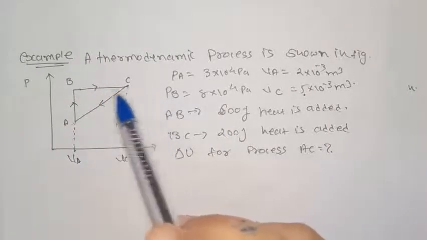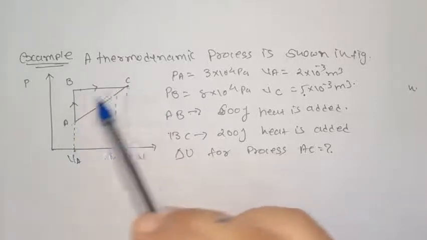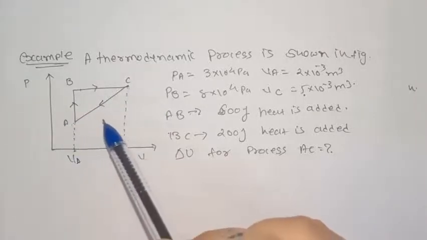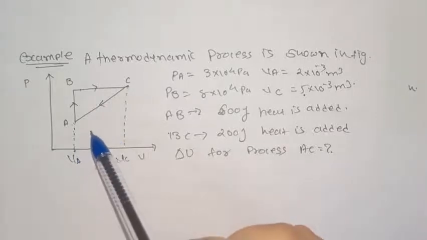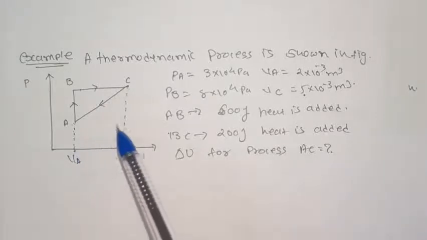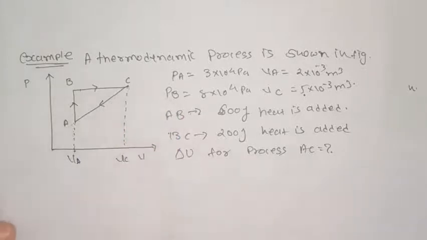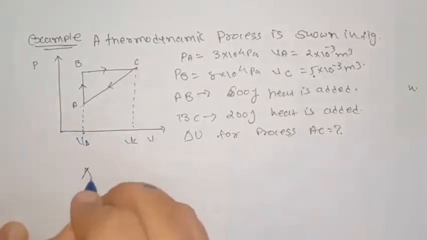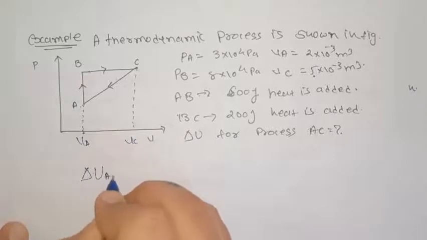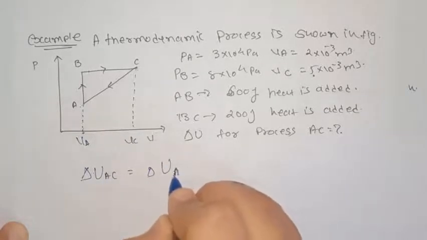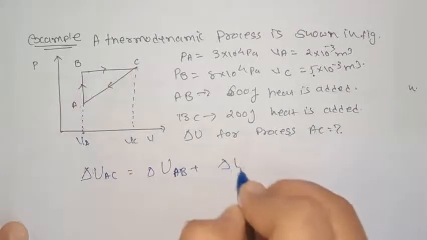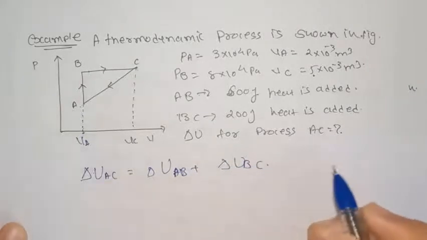So we can calculate the total work done delta W during AB plus BC and total delta Q during this process. Then we can find the delta U. So let us proceed. First we can write delta U from A to C is equal to delta U from A to B plus delta U from B to C.